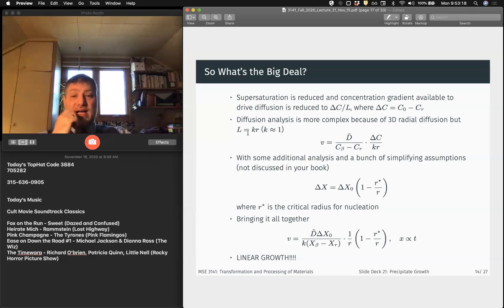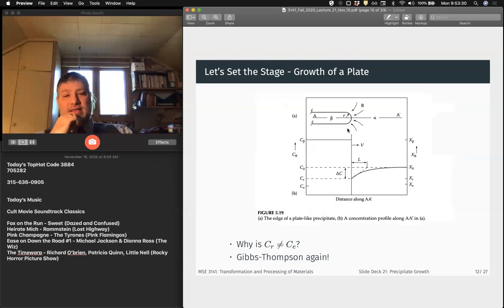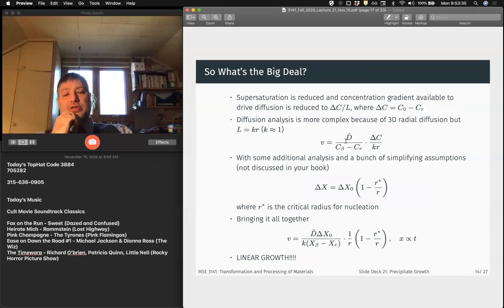If this was a graduate class, you'd have to work it out for homework, but for you guys, it's just enough to say that diffusion profile length, this critical length L, is going to be proportional to the diffusivity minus the composition gradient, right? And it all looks the same, but this length here is some scaling factor K times the radius of the tip. And K is going to be about 1, right?